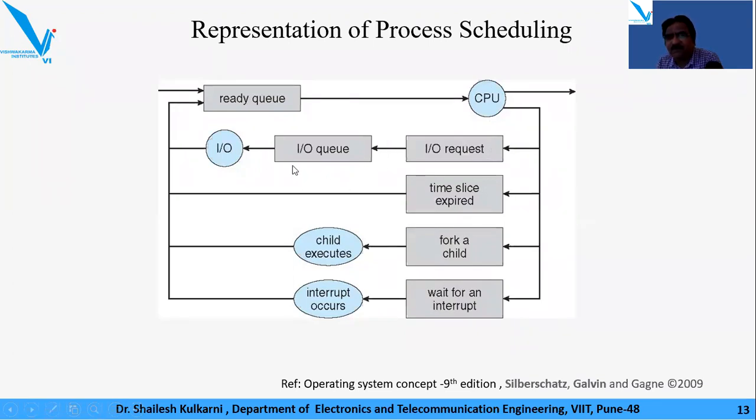When the IO operation has been performed, it goes to the ready queue. When we say it's a queue, what is the ordering? It's always first in, first out, is it not?